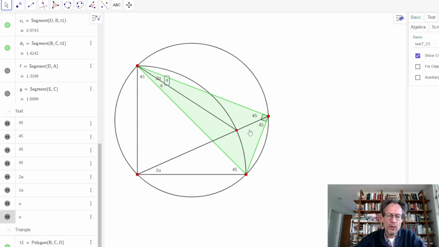So we have proven that this angle is bisected by the line to the red vertex, and this angle is also bisected by the line to the red point. So this means that the red point actually is the incenter of the green right triangle. And that completes the proof of the puzzle, the belly button.